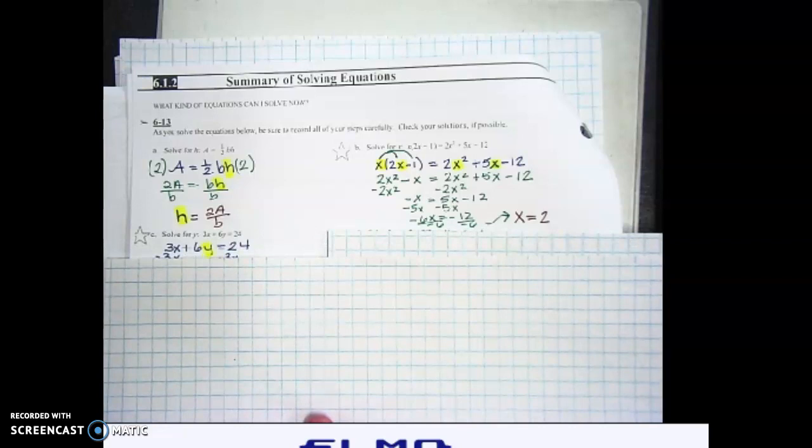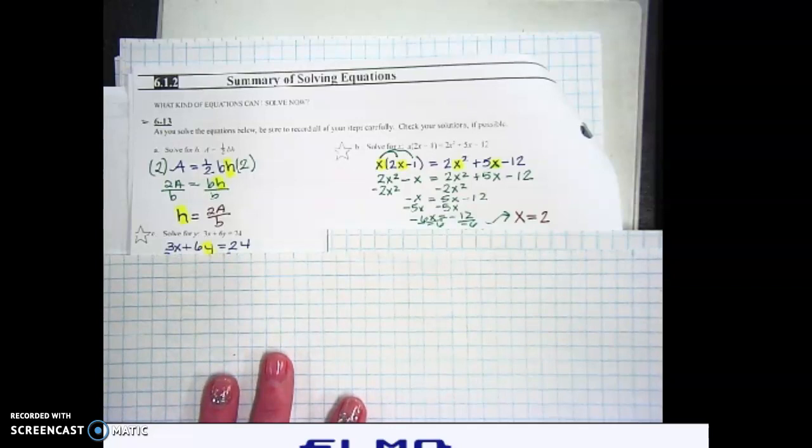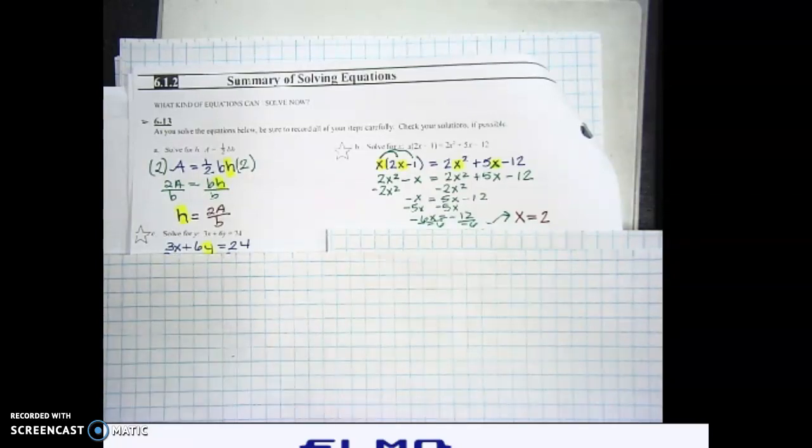For C, you're going to start by writing down the equation. The equation is 3x plus 6y equals 24. The variable that they wanted me to solve for was y. So I took my highlighter, highlighted the y. Okay? Then you're able to see what's happening to that y. It's being multiplied by 6, and 3x is being added.